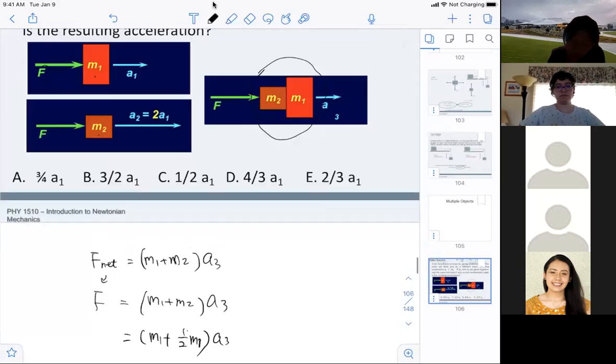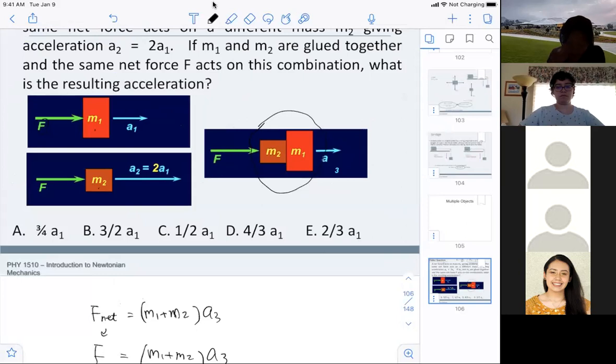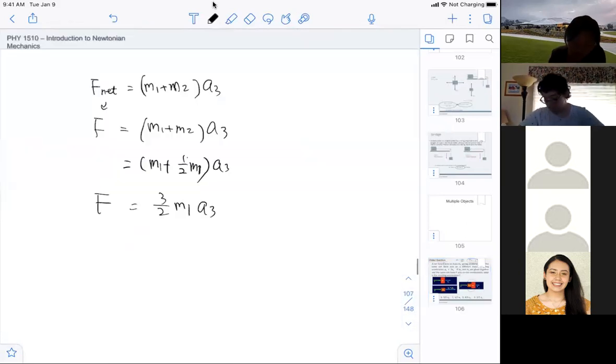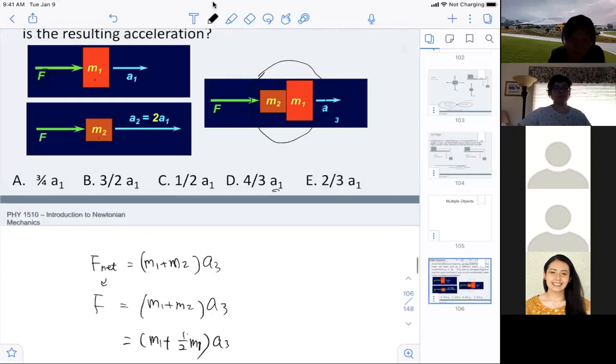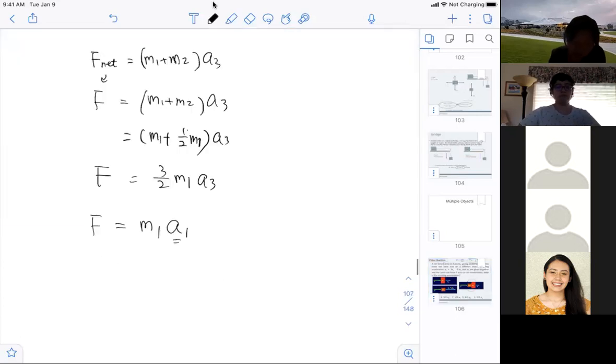So how is A3 related to A1? Well, I know that when this force is applied on M1, it gives me an acceleration A1. That is what is described in the first picture. So if I combine these two equations and compare them, you can see that this is more of the mass, so A3 is going to be smaller, right? A3 is going to be 2/3 of A1.